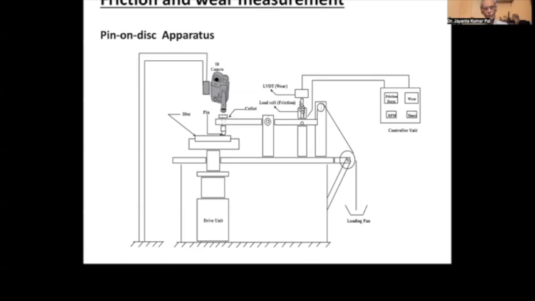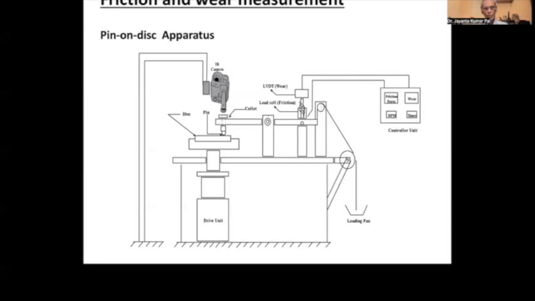Actually, LVDT is used for measurement of wear, not friction. Friction will be measured by a load cell, of course. So this is a load cell that is put in a tangential direction so that it measures the force that is required to overcome the friction.